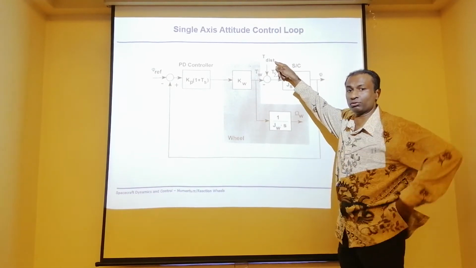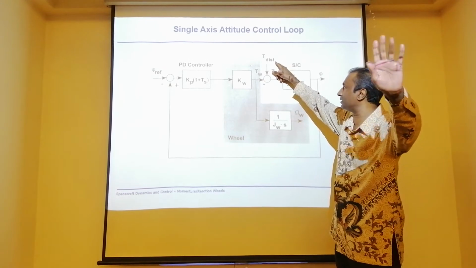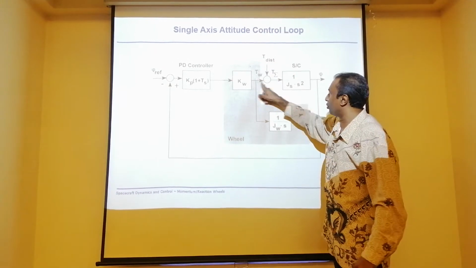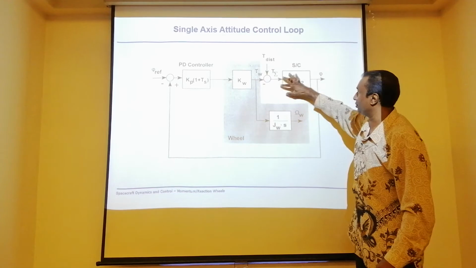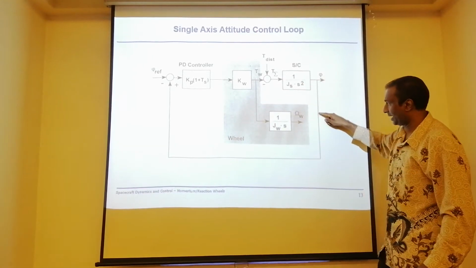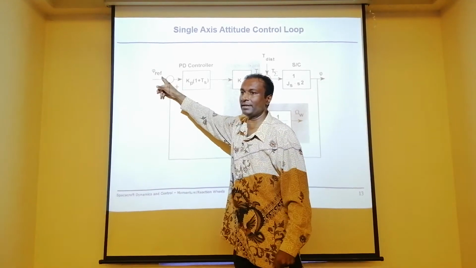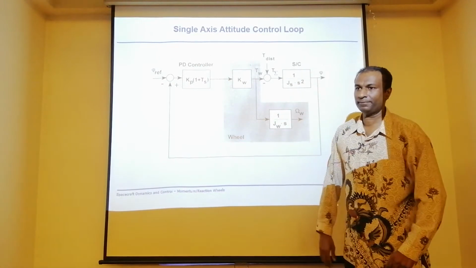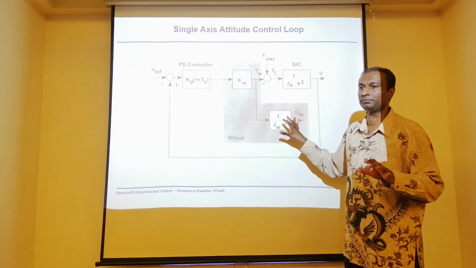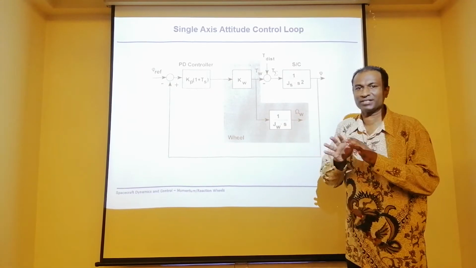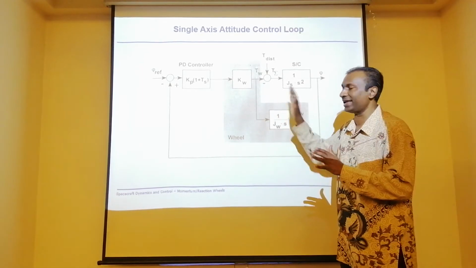You have the disturbance torque that you have calculated, which comes in here. The total torque is going to disturb the satellite. I can track back the angle, the reference angle, and get it back here. So this is the typical scheme of an attitude control system for a satellite with a reaction wheel.